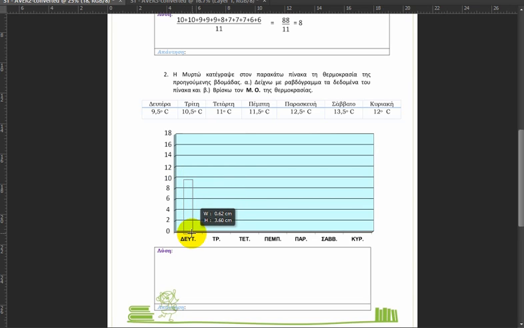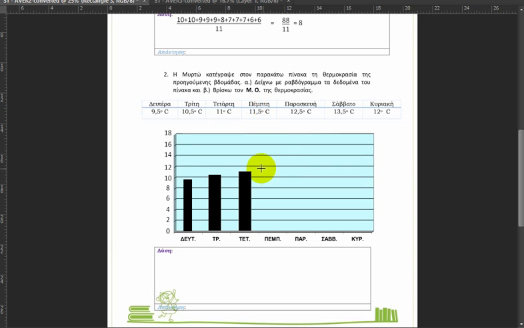So let's put the temperature right there. 10.5 means it's going to be just a little bit above the 10 line. 11 means it's going to be halfway between 12 and 10. So right there.